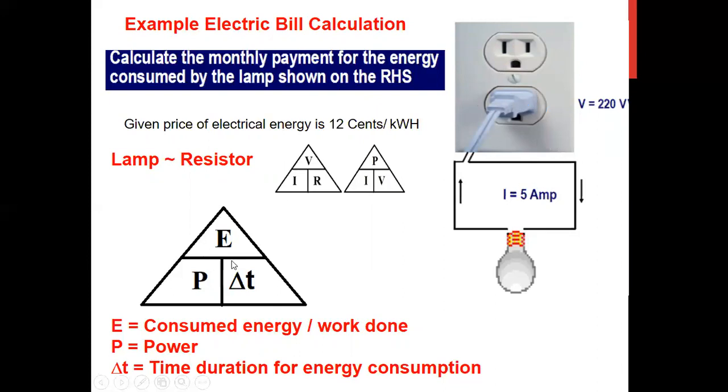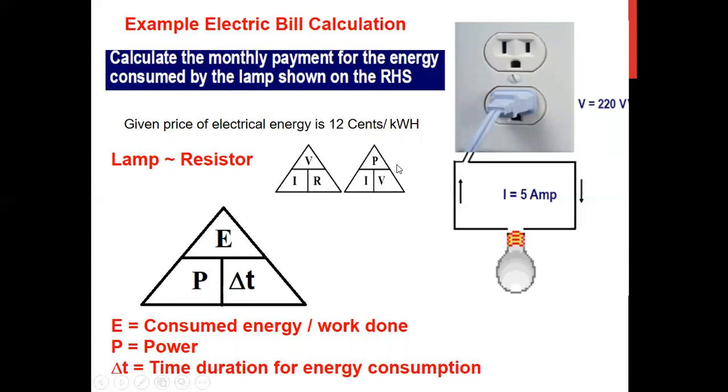First, let us see the formula for energy consumption. Energy E is the power dissipated by the resistor in this bulb multiplied by the time, how long it's working. That's E equals PT, and with the help of V equals IR and P equals IV, we can calculate the values.